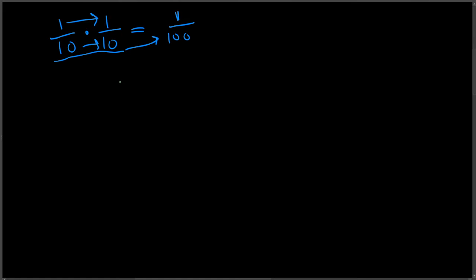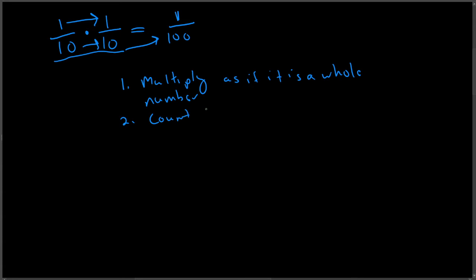And so to do that, we multiply as if it is a whole number. Then we count the number of decimal places in all the factors.